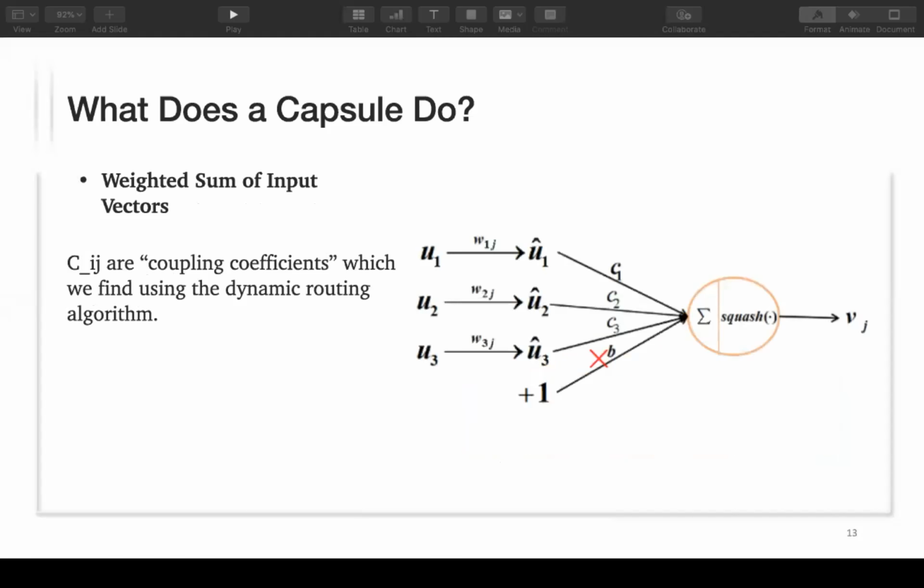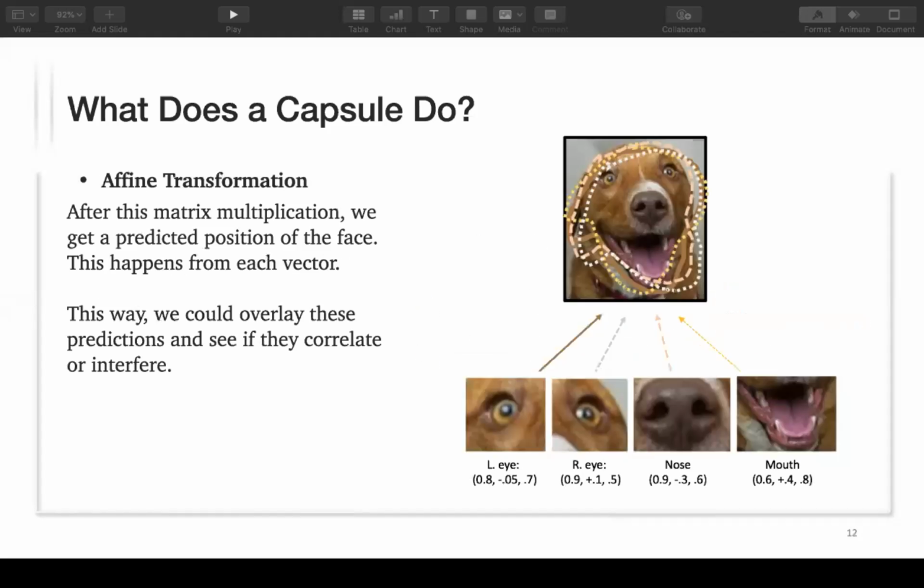So after we do the affine transformation, we just do the weighted sum of the input vectors. And here, in the paper, they use a technique called dynamic routing. We still take this picture as the example. After we get different predictions of the face, we use dot product to see whether those vectors are similar to each other.